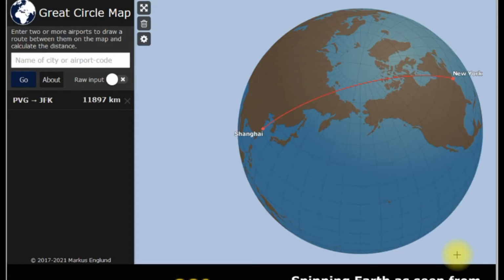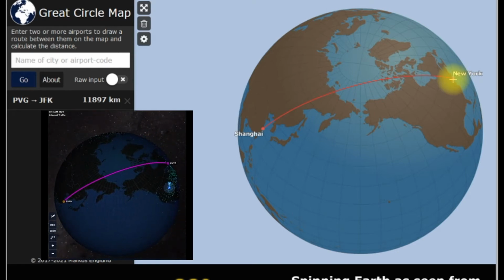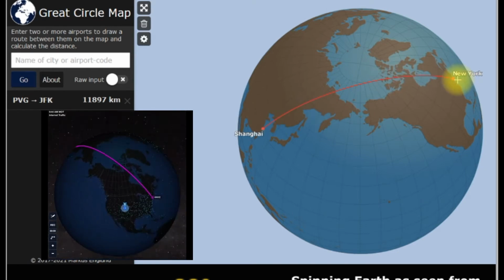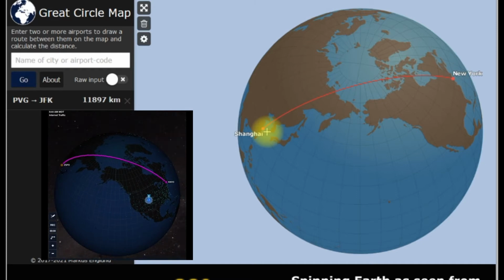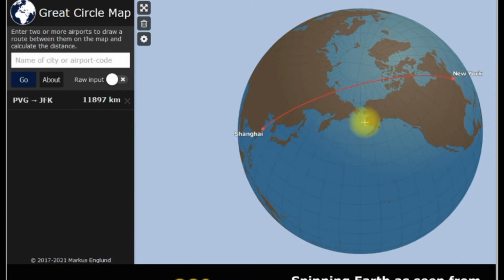Okay guys, let's go ahead and look at our second and third and fourth flights here. We have this flight going from New York to Shanghai, China, and this is exactly like one that a pilot sent to me using his own professional software. It looks exactly the same. So let's look at this flight going from New York to Shanghai.